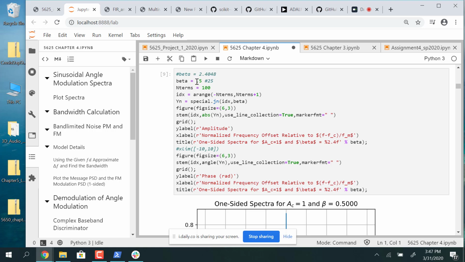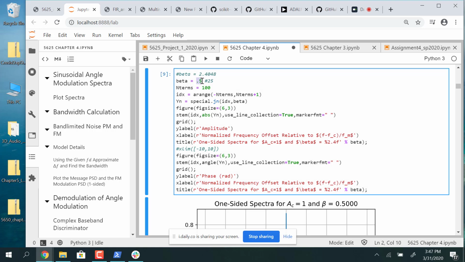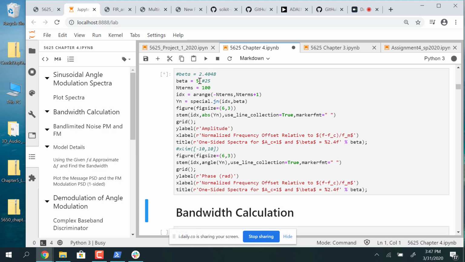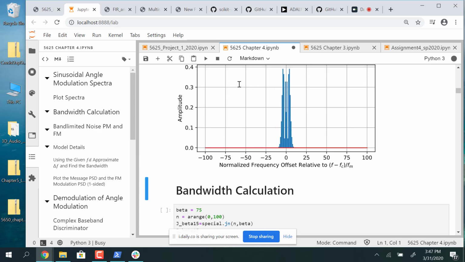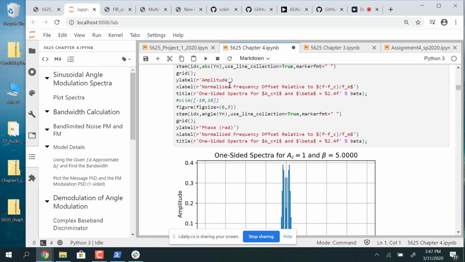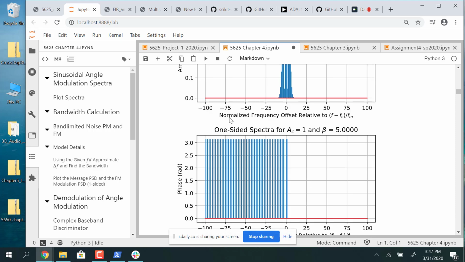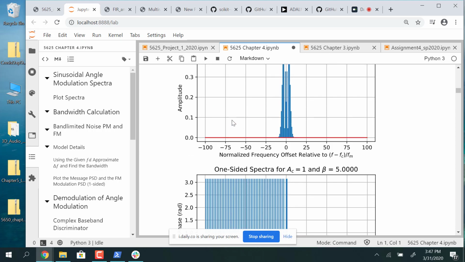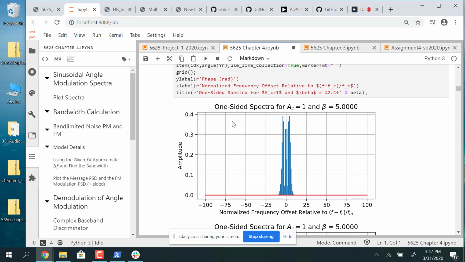If I take it up to 5, we'll see that it's starting to grow bigger and bigger. I thought I was plotting the angle here. Yeah, I'm plotting the angle, but there it is. Okay. So now we have more sidebands.